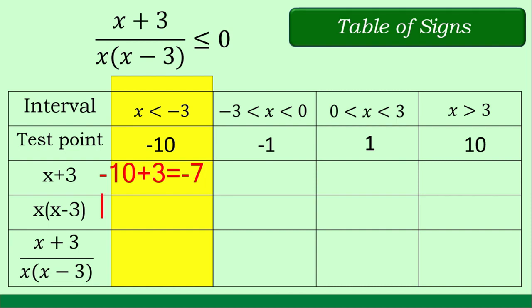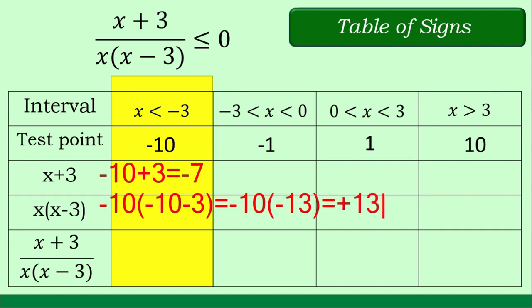So for the next one, it's negative 10 times the quantity of negative 10 minus 3. I'll copy, negative 10 times the quantity of negative 10 minus 3, which is negative 13. So we have here negative times negative will give you a positive result. To be specific, that is 130.